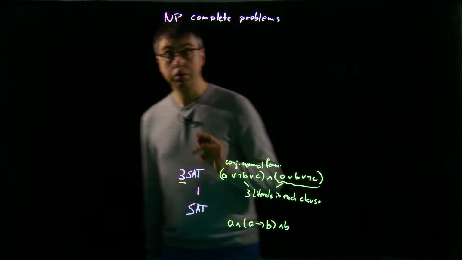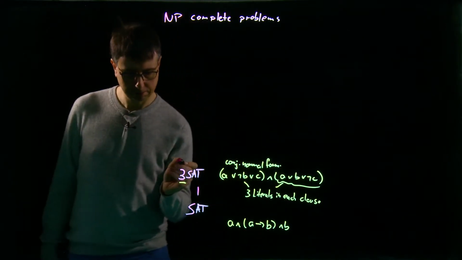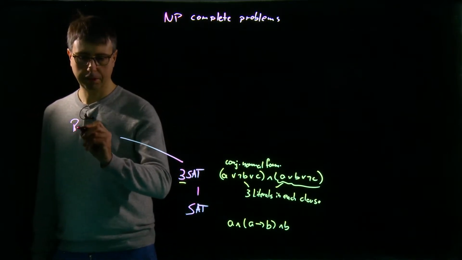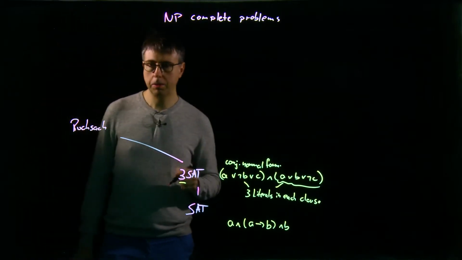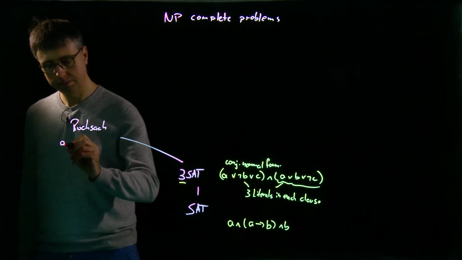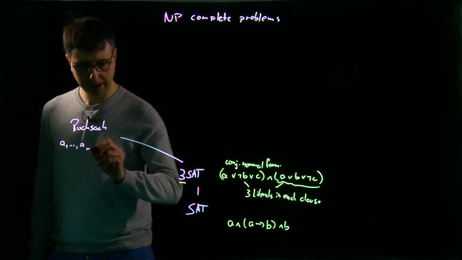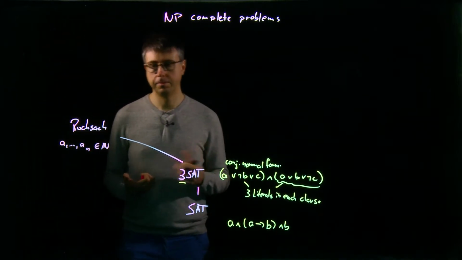Now, there are other problems that are NP-complete. For example, the so-called rucksack problem. In this problem, you have a set of numbers from A1 to AN, which are weights.